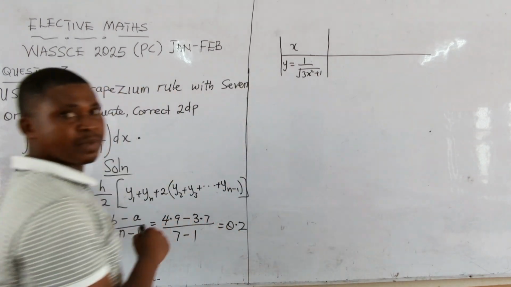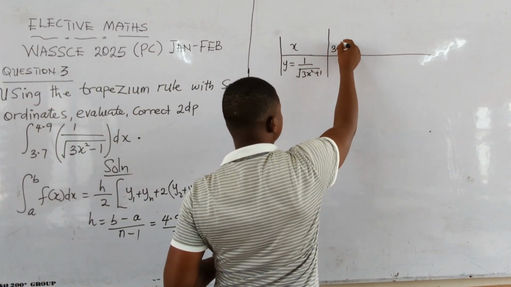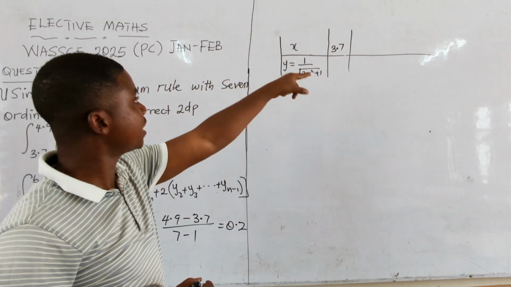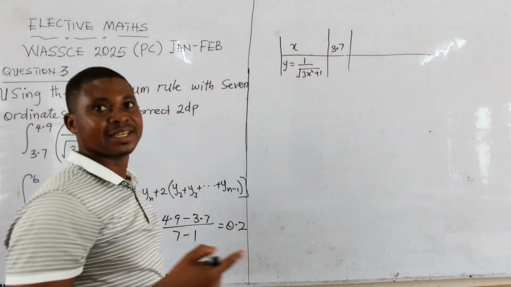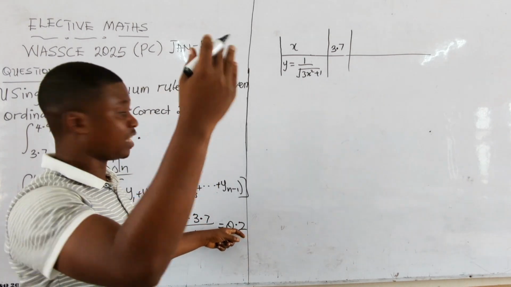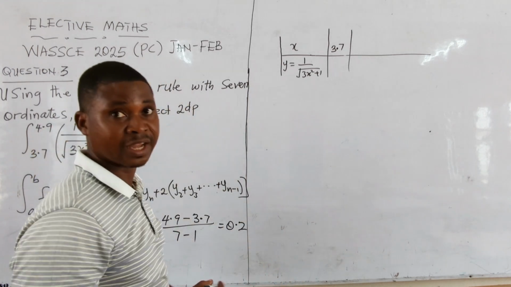From looking at it, the limit starts from 3.7, so we have 3.7. For the next value, you add the interval, because it is the interval that is adding up to get the 4.9. So you add the interval until you get to 4.9.